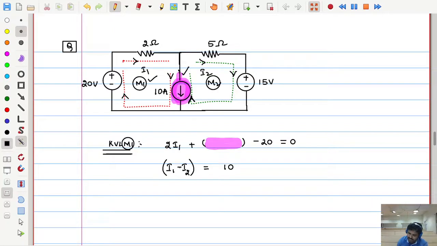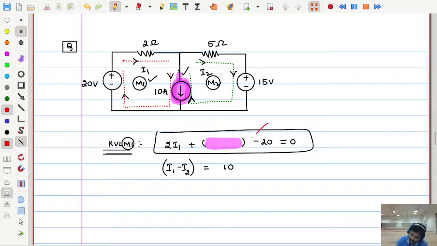How simple is this? See, without writing the KVL, this is not required. Why? Because we don't know the voltage here. We got some complexity. Then what did we do? This common branch, how much is the current from my point of view? My current minus my friend's current, which is I1 minus I2.